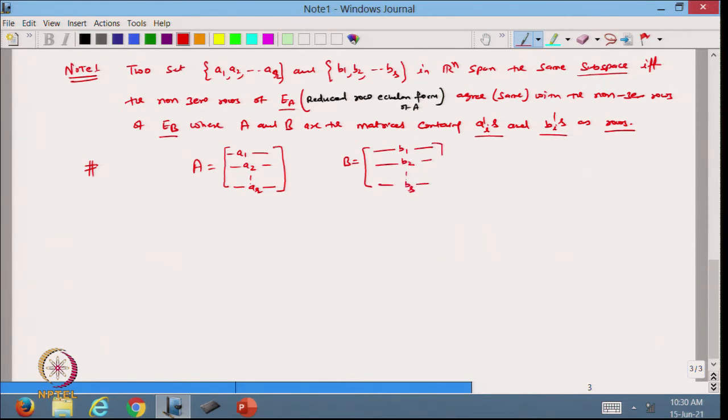So, it contains S number of rows. Then I will transform A into EA by elementary row operations. B I will transform into EB. So, that is also row equivalent, elementary row operations.